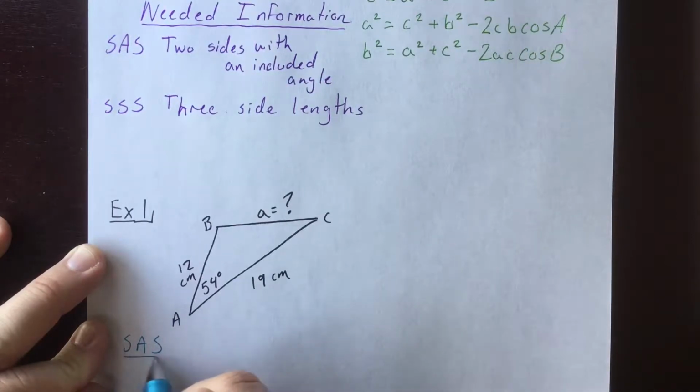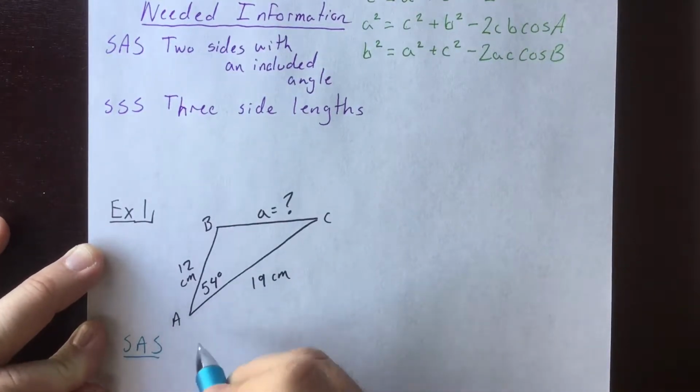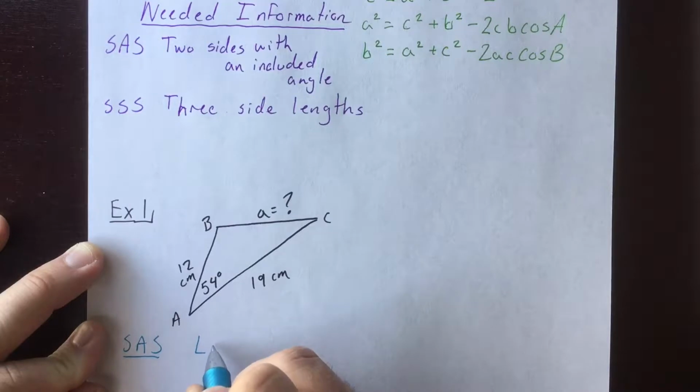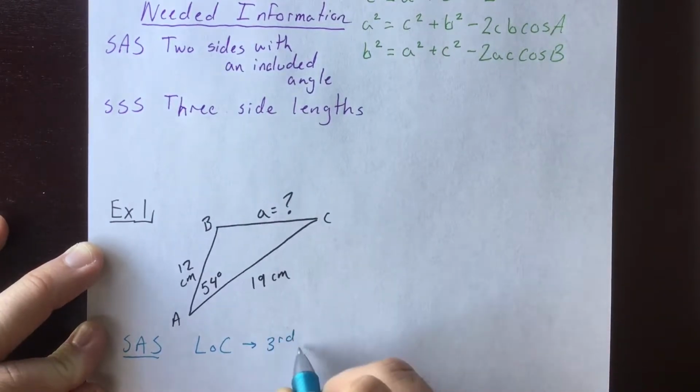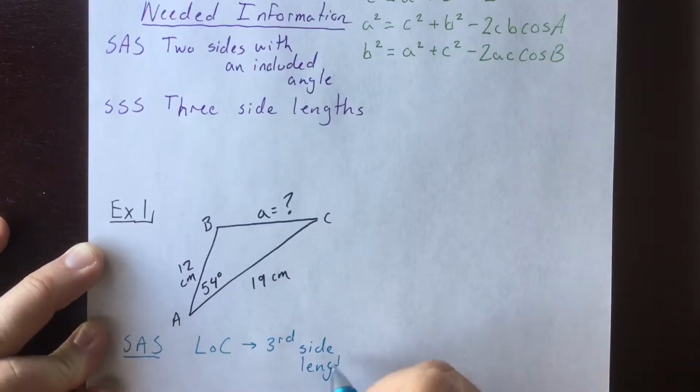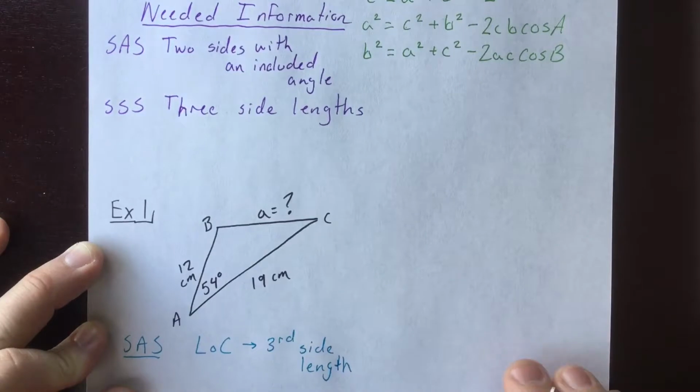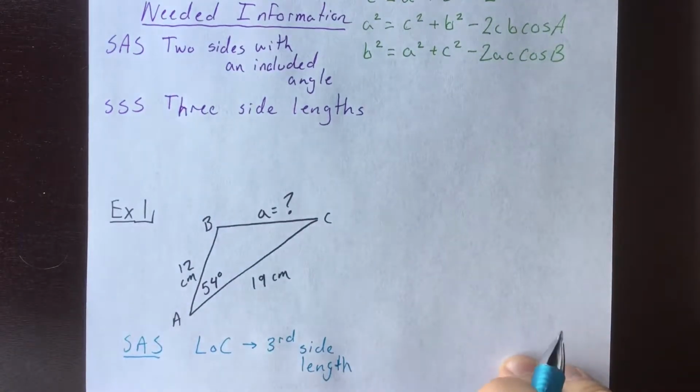With side angle side configuration, we're going to use the law of cosine to find the third side length. All right. So law of cosine to find this third side length.